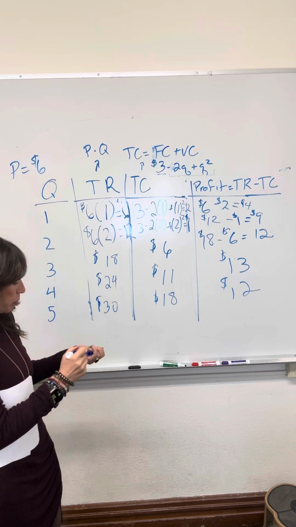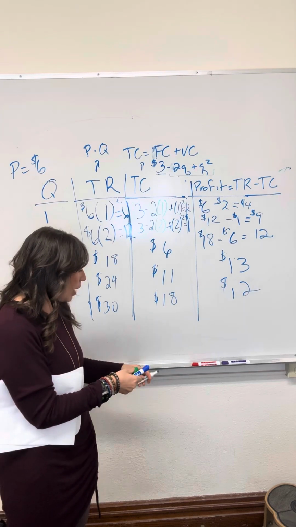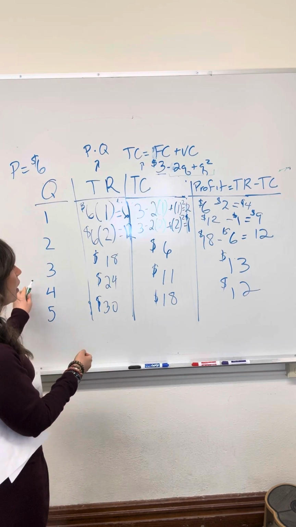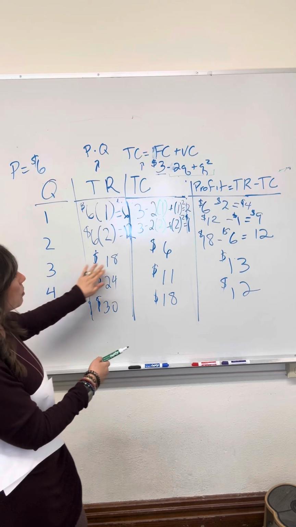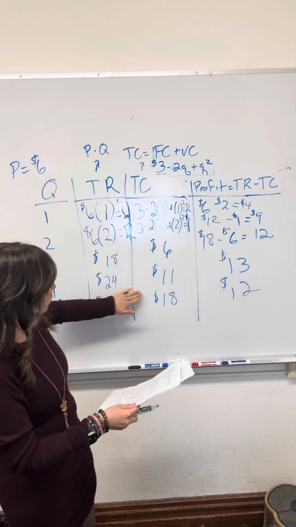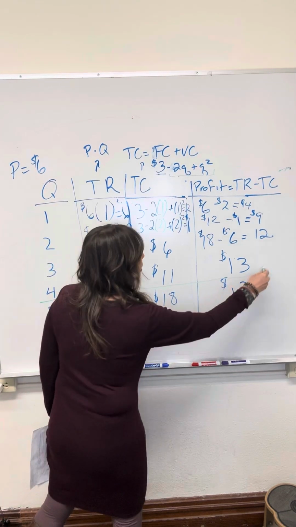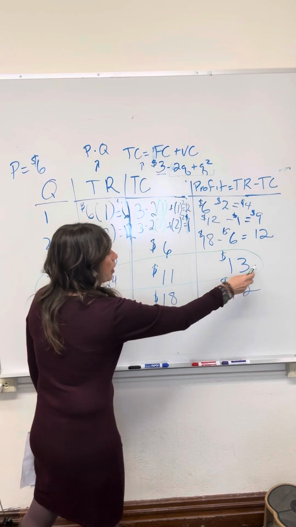And then our job is basically just to look for the quantity that maximizes profit. In this case, it looks like at 4 units produced, right here, at this line of production, profit is maximized.